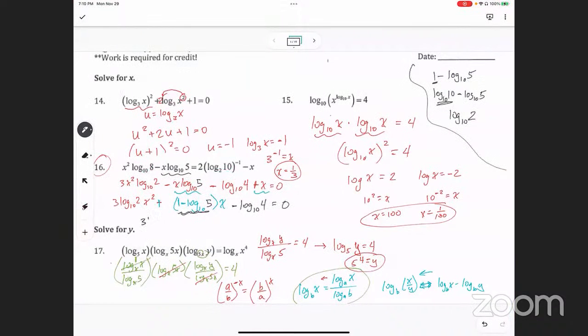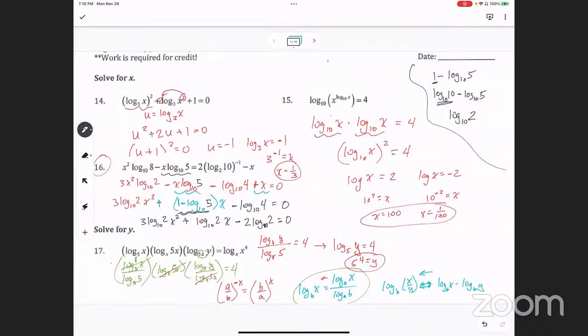So I've got 3 log base 10 of 2 times x squared plus log base 10 of 2 times x minus, I'm just going to write 2 log base 10 of 2, because we've got all the other ones in terms of 2.